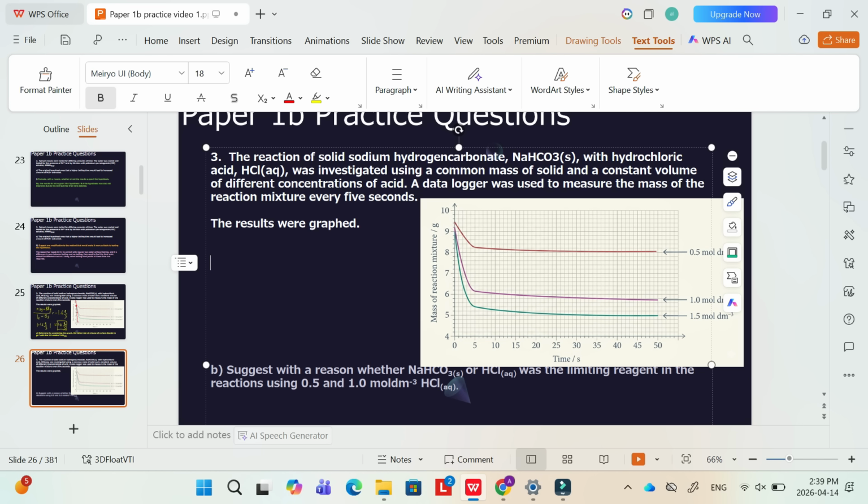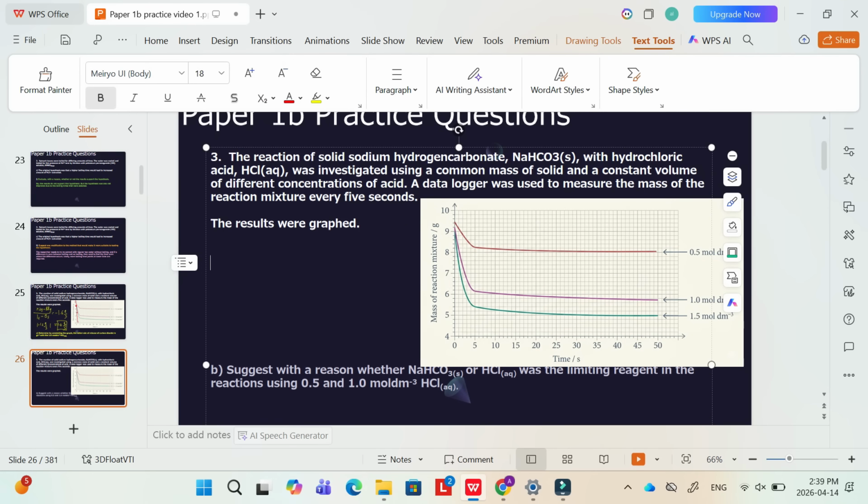The important thing here is if something is in excess, excess means extra, then changing its concentration should not affect the final amounts of the products produced, okay? It's the limiting reagent that affects the amounts of products produced.